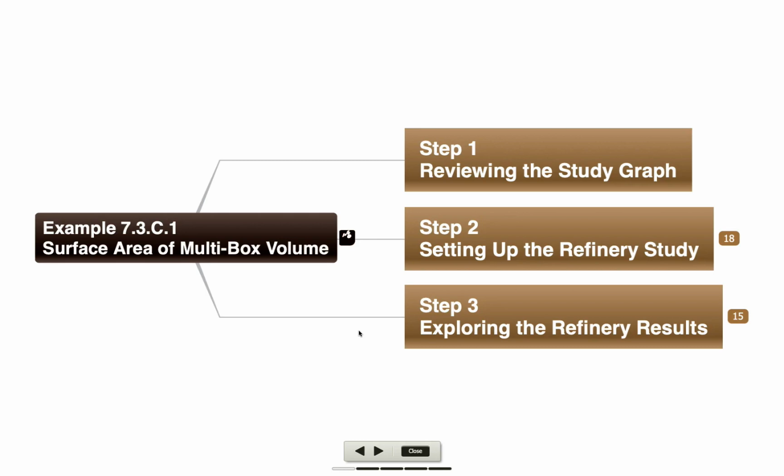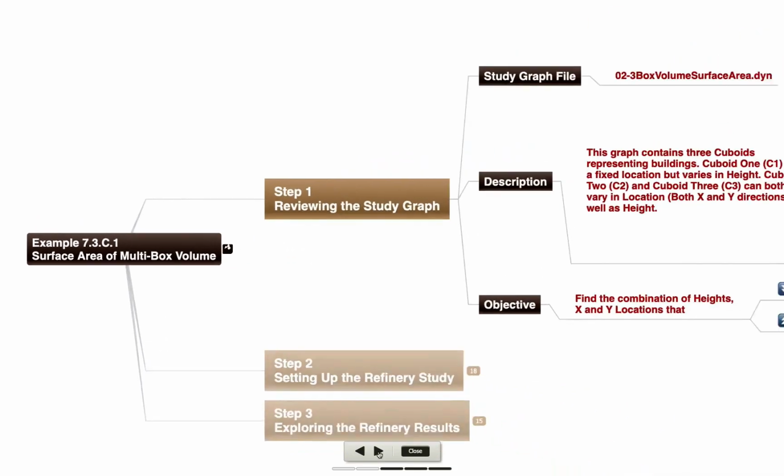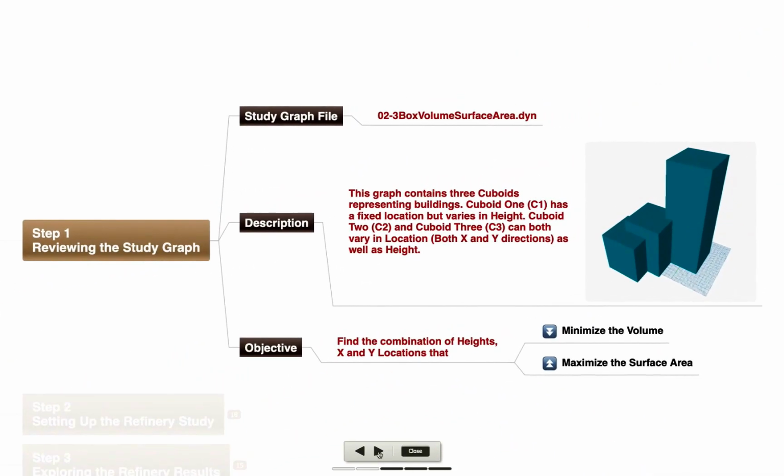So this first example is all about thinking about the surface area of a multi-box volume. You can think of this as several different building volumes that you're putting together. As we think about the overall goal here, they're going to be thinking about these three cubic volumes.